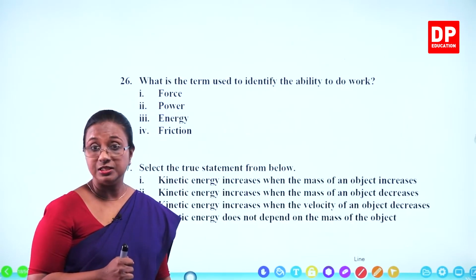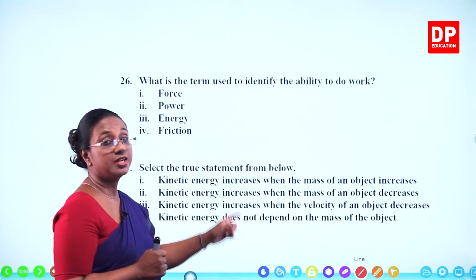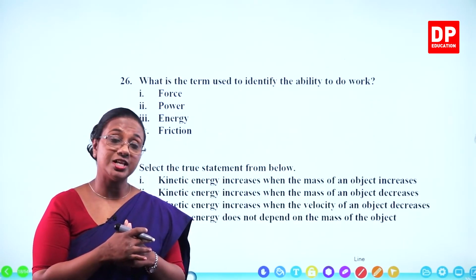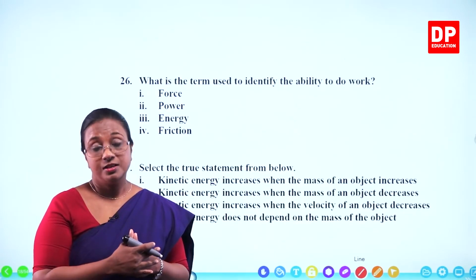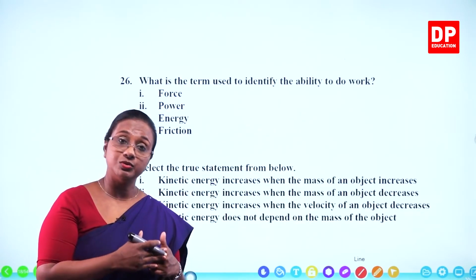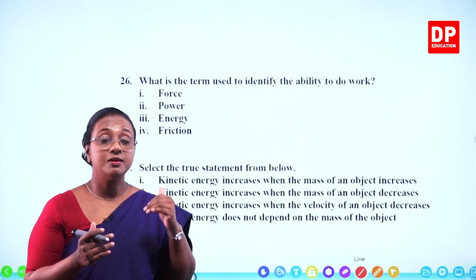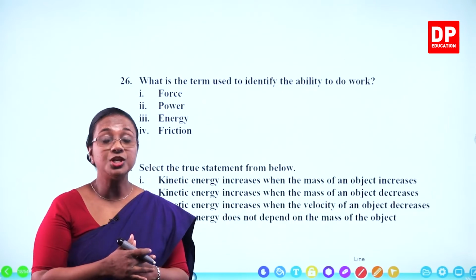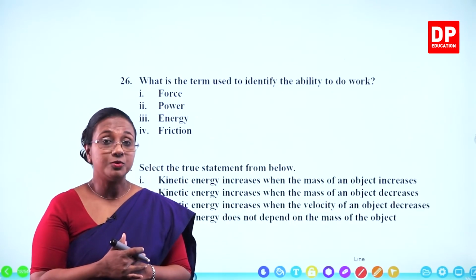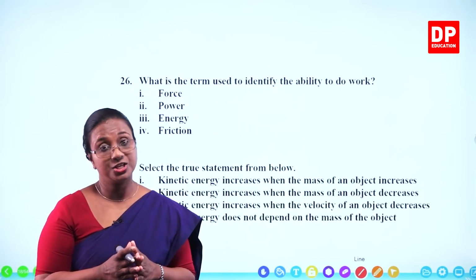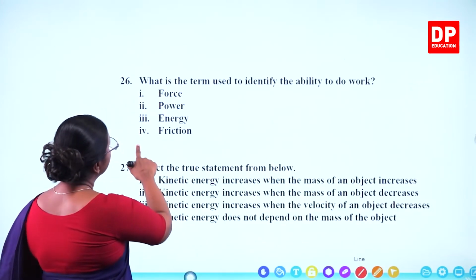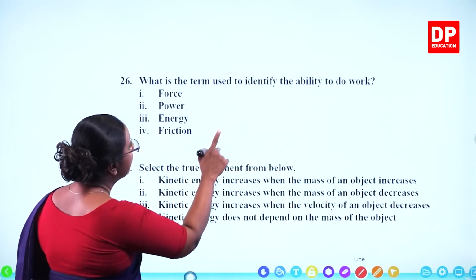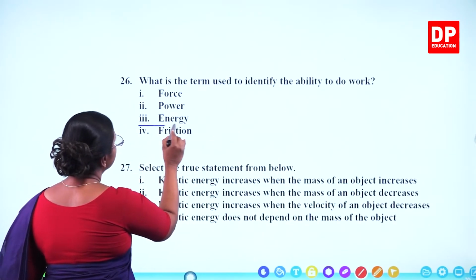Energy is the ability to do work, and friction, you all know, when there are two surfaces in contact with each other and when one is trying to move respective to the other, the force exerted against the motion to prevent the motion is what we call as friction. So here the answer relevant to the question is energy.